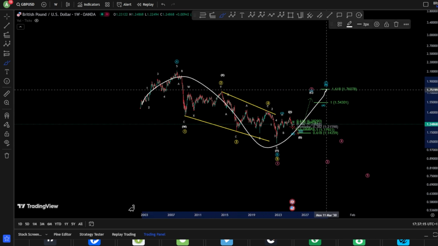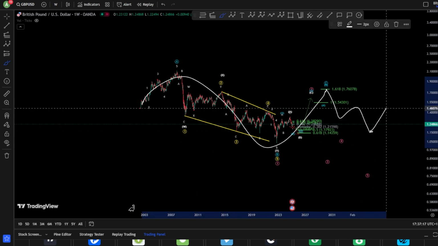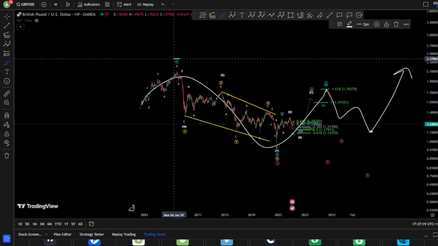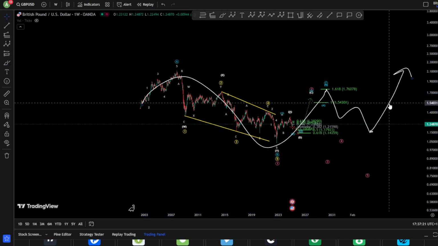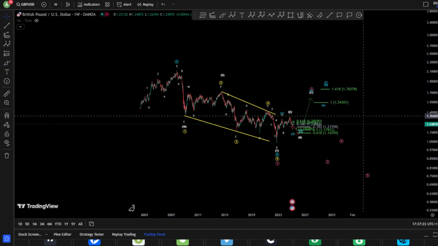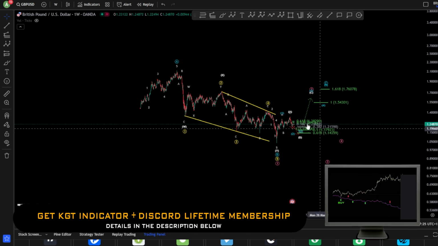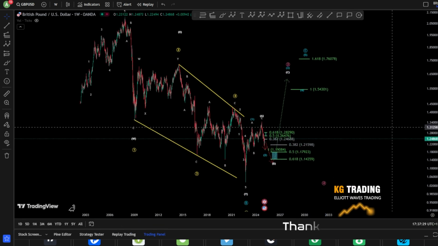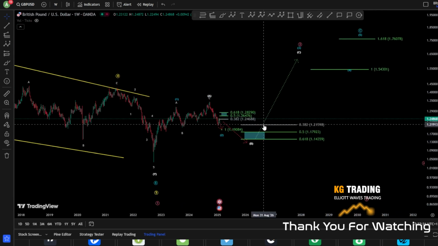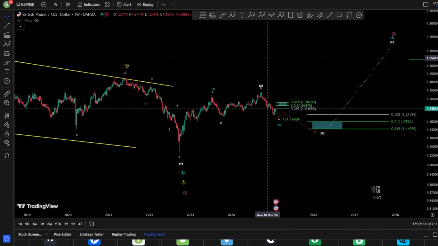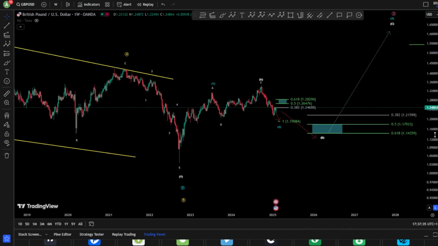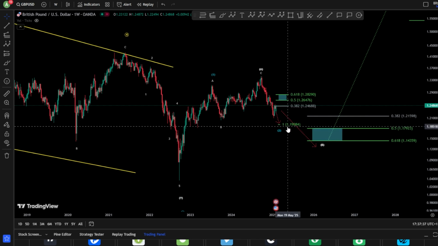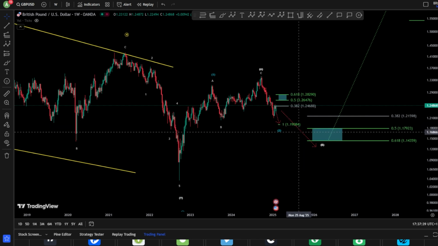Three waves up, then come the three waves down and continuation, probably taking the all-time high in the far future. But basically, in both case scenarios, we can say that we are looking for higher prices for the GBP. Now, one more leg is possible to reach the one-to-one fib level at $1.19 for GBP against the US dollar.